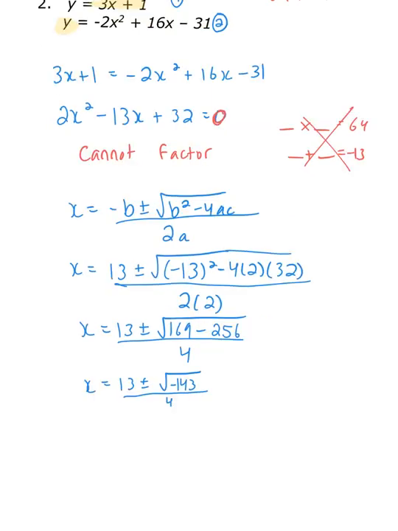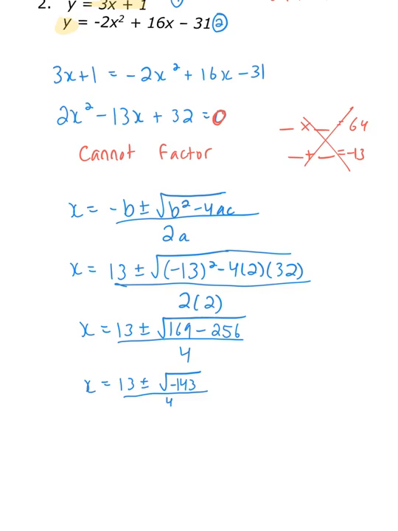So then you continue to simplify in the quadratic formula, and you get 13 plus or minus the square root of 169 minus 256, divided by 4. So inside the square root, you actually get a negative 143, which we know is not possible to square root, meaning that this quadratic equation does not have any solutions.